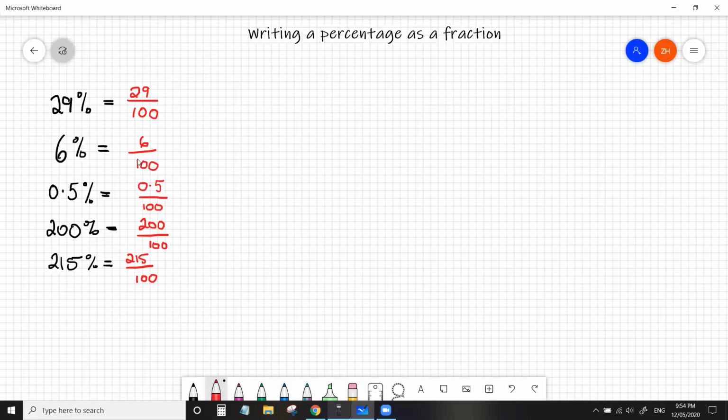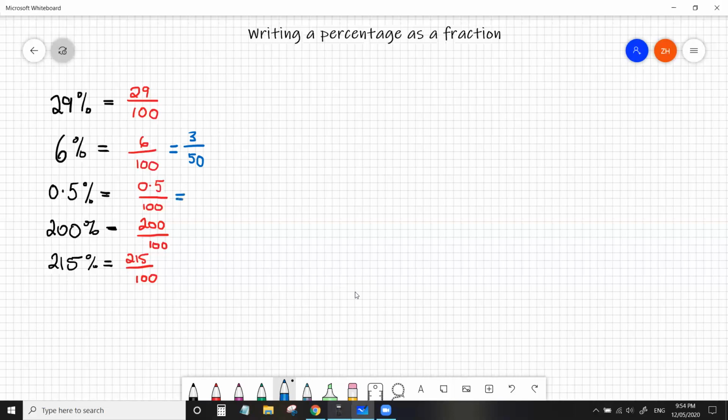Let's have a look at 6 over 100, and let's try and write that as a simple fraction. If we look at the numbers 6 and 100, a common factor, a number that goes into both 6 and 100, is 2. So if we divide each of these numbers by 2, we'll end up with a 3 on top, and 50 on the bottom. You can just check that 2 lots of 3 is 6, 2 lots of 50 is 100.